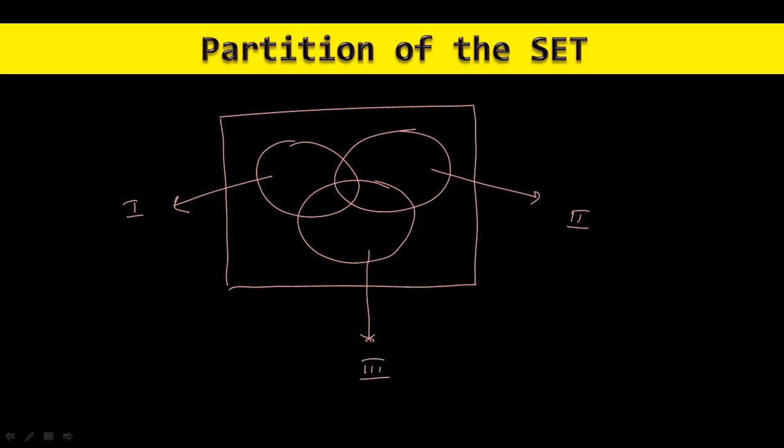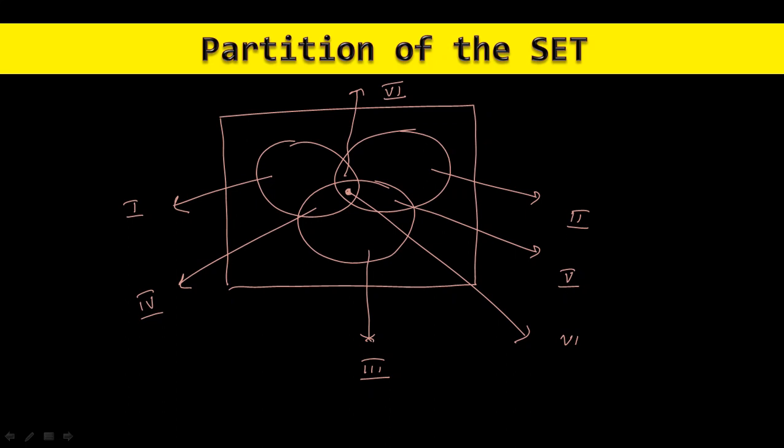Now, the combinations: this one and this one is the combination of 2. Suppose this one is partition number 4, this one is 5 and this one is 6. And what about the central part? This one is partition number 7 and the outside portion is partition number 8. These are the contents.